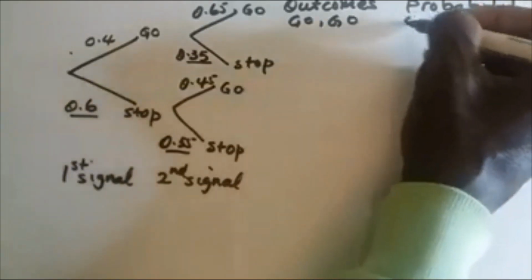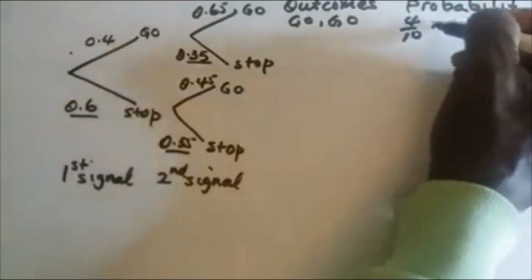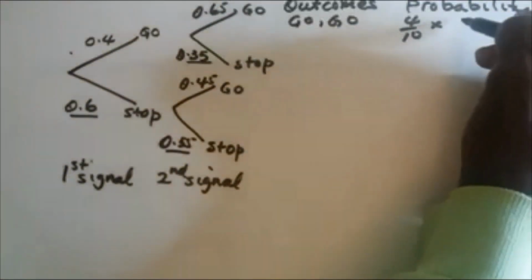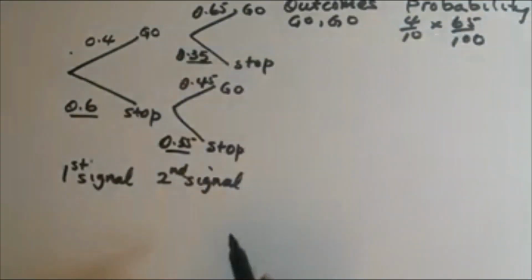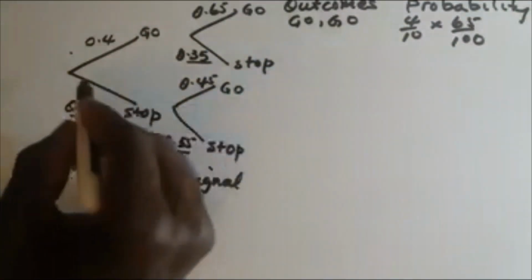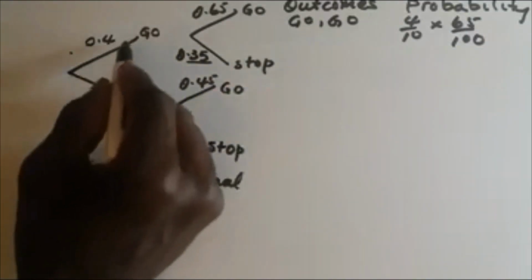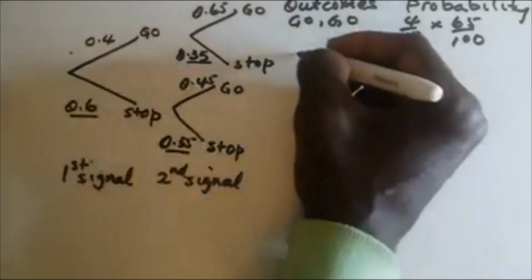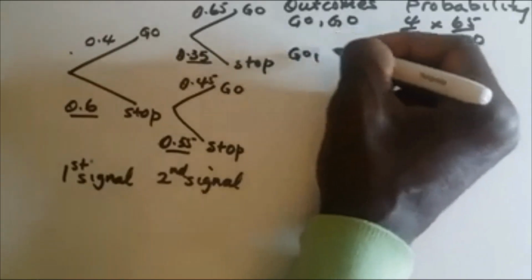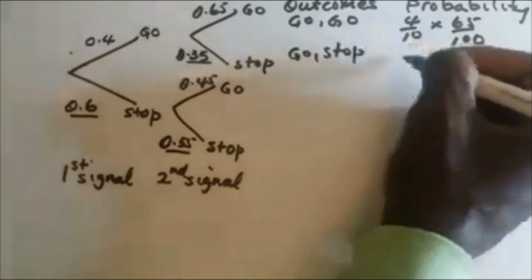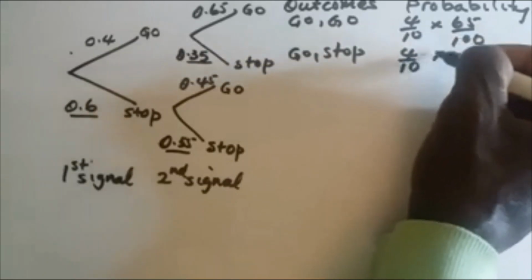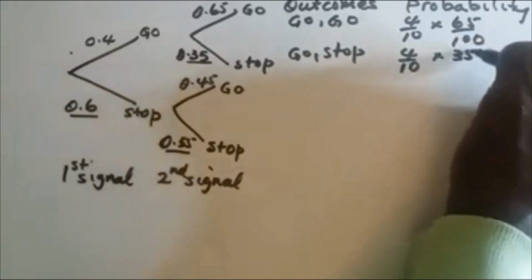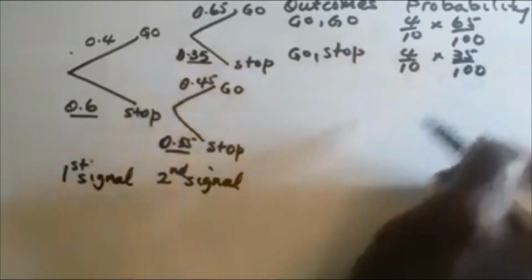That branch will give us 4 out of 10 as probability times 0.65, which is 65 over 100. We go along go and a stop. We have go, stop, and our probability is 4 out of 10 times 35 out of 100.